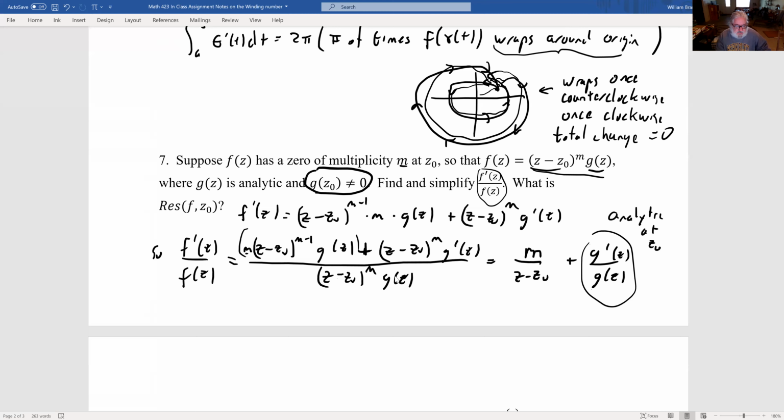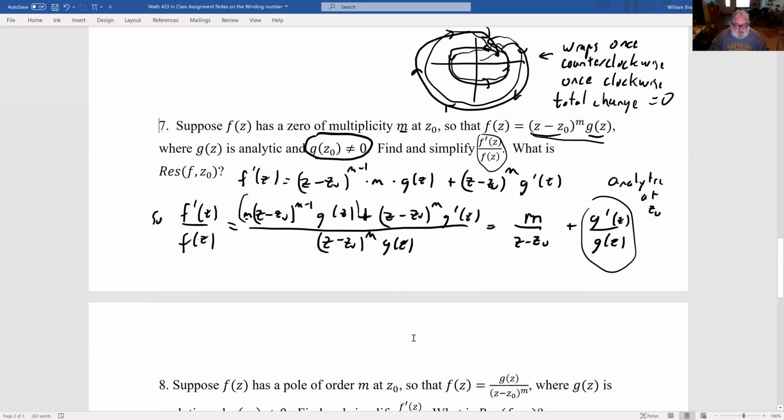So what's the Laurent series for f prime of z over f of z? The Laurent series is going to be f prime of z over f of z equals m over z minus z naught, plus the Taylor series for this thing, which is a0 plus a1 times z minus z naught, plus dot, dot, dot.